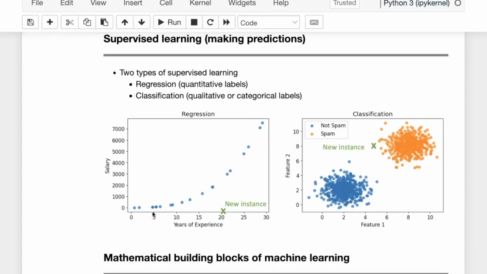In this case, we have these data points that are already given to us, and we want to use them to develop a model to figure out what is a reasonable salary for this new employee with, let's say, 20 years of experience. But in this case, we are trying to predict a quantitative label.